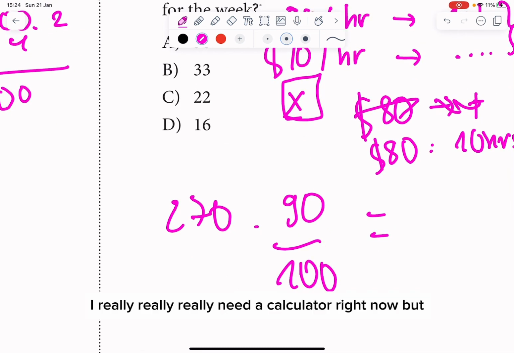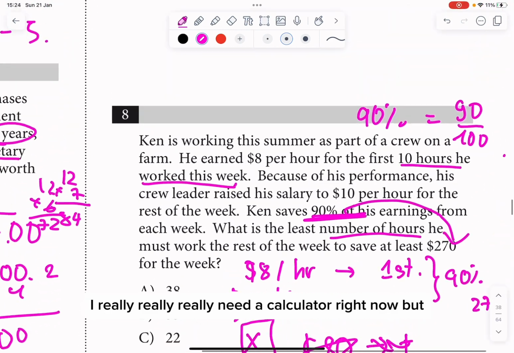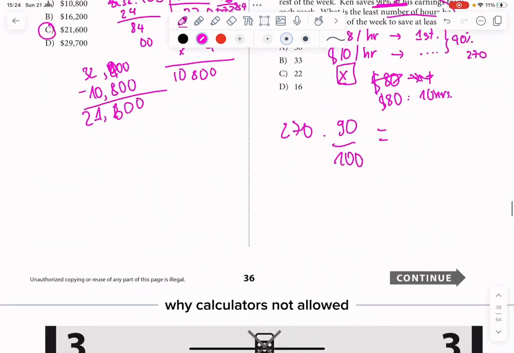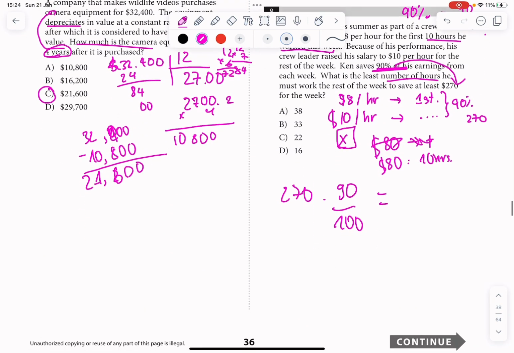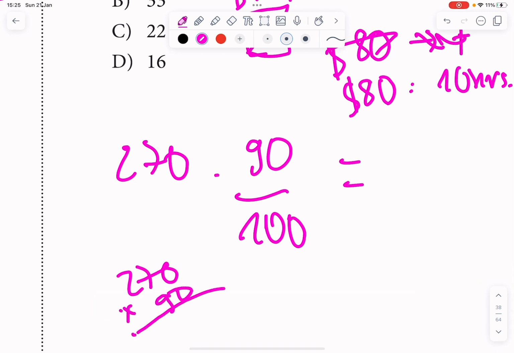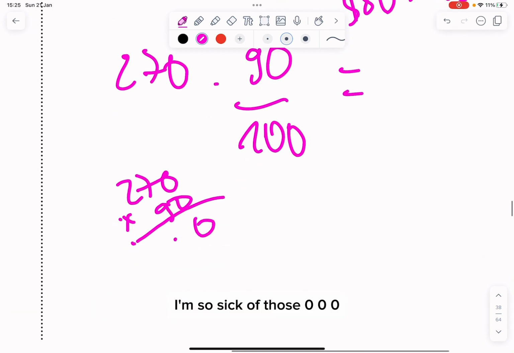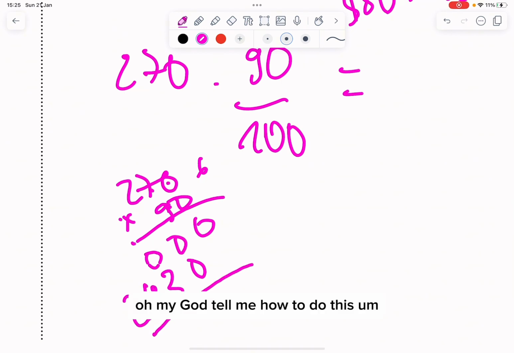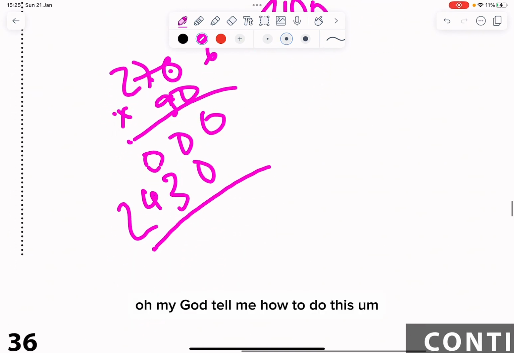I really need a calculator right now, but why is a calculator not allowed? That's so weird. Okay, whatever. I'm so sick of those. 0, 0, 0. 0 again. This one is 3 and 6, and this 4. Oh my god, tell me how to do this.